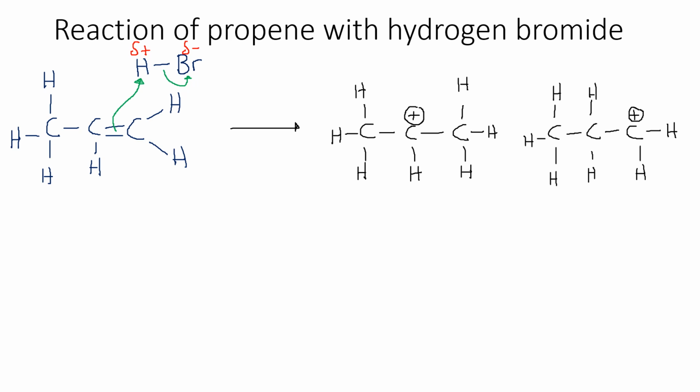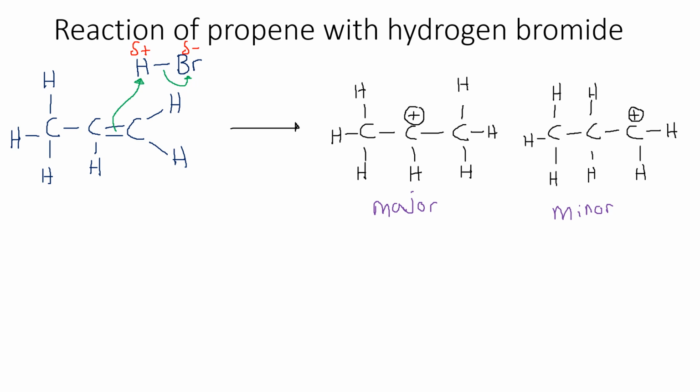And you probably are sat there wondering, well, which one is it? And the answer is it's both, but not in equal amounts. So the actual answer is that you get more of this one and less of this one.